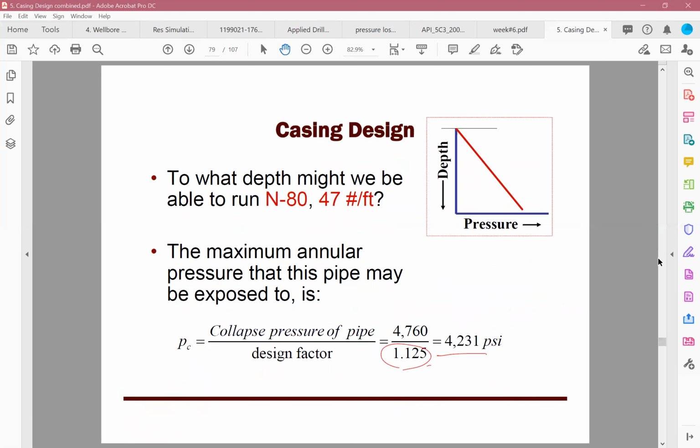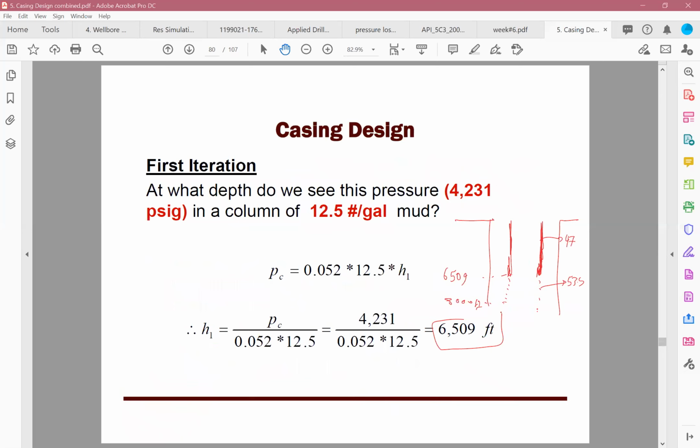How much axial tension do you have now on the 47 pound per feet casing at this point? Any idea?